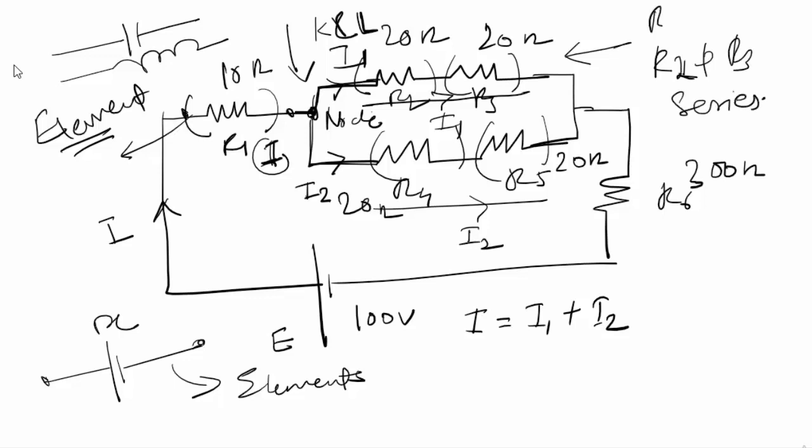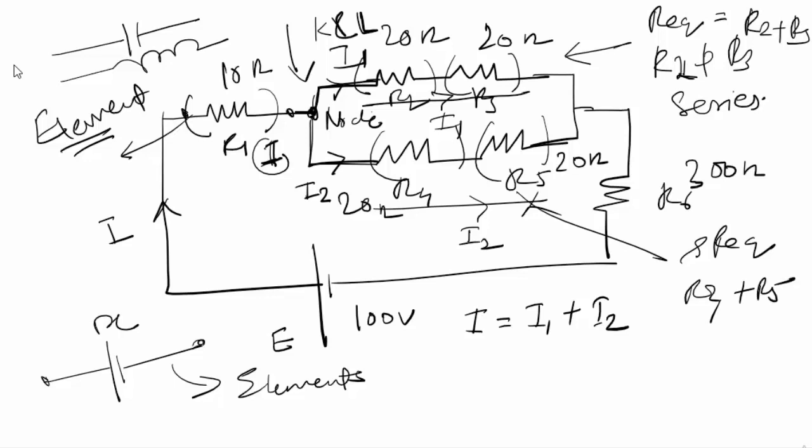The R equivalent of this total branch can be found as R2 plus R3, and in a similar way these two are in series, so the R equivalent of this can be found as R4 plus R5. And again, when there is a division of current, the elements through which the current is directly divided are in parallel.